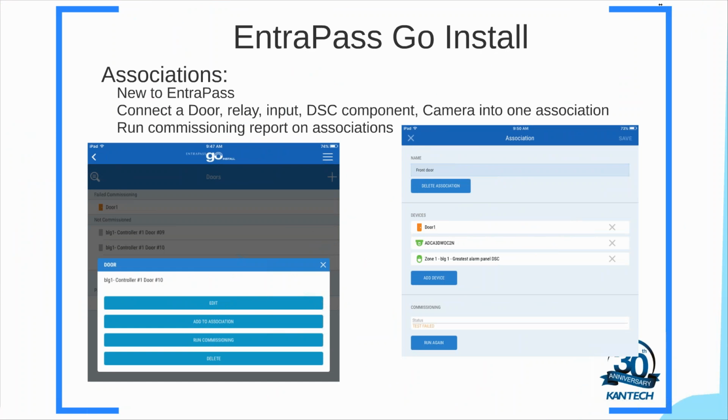Now, that's pretty exciting, I think. Something we've done that's new to the EntraPass world is something called associations. An association lets you group components together because a customer doesn't look at a door like a door by itself. He looks at it as the office, Tom's office, Greg's office, and so on.